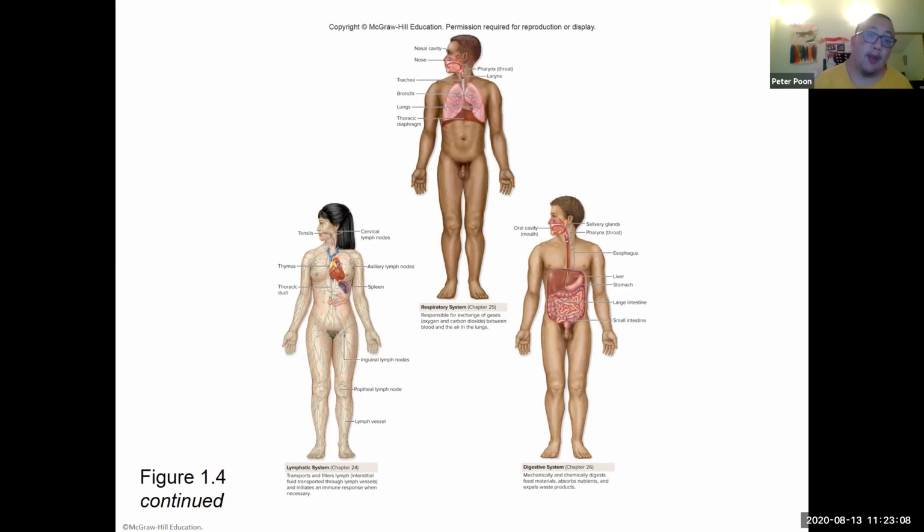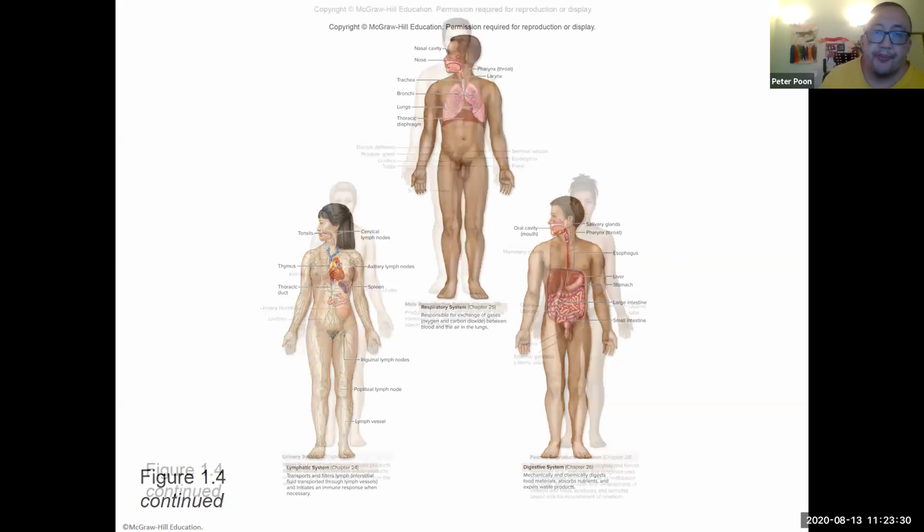The respiratory system helps you breathe: you breathe in air, you breathe out carbon dioxide. With the digestive system, you eat food and you have to absorb food. So the digestive system is not just for digestion, but more importantly, also for absorption.